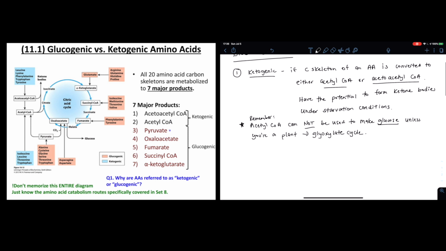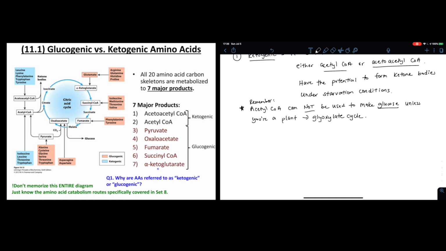All right, so that's ketogenic. Glucogenic means that all of these are going to be converted into either a TCA cycle intermediate or pyruvate, which will allow you to produce glucose. So we call them glucogenic.